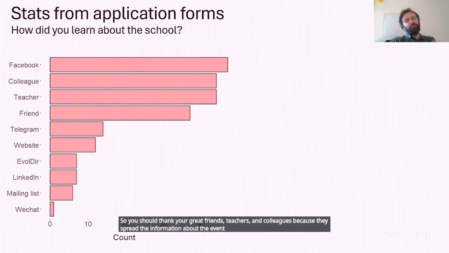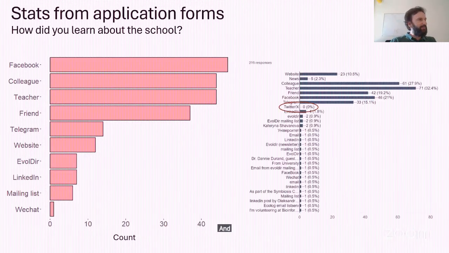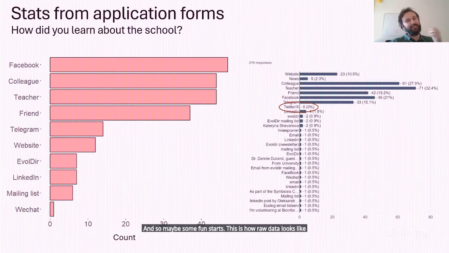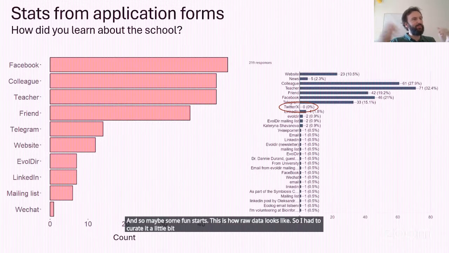The questionnaire allowed multiple choice answers, so I think Facebook as a social media played one of the key roles to spread the word in general. Maybe some fun stats: this is how raw data looks. I had to curate it a little bit so that there are fewer non-uniform answers. But basically, Twitter was not useful at all.